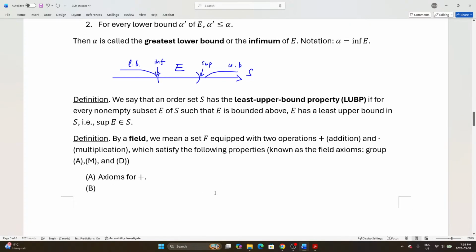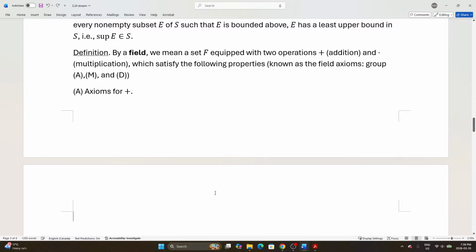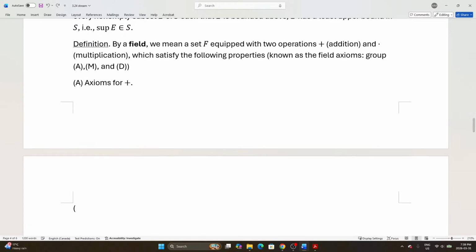So how should addition behave? Let's start with A1.